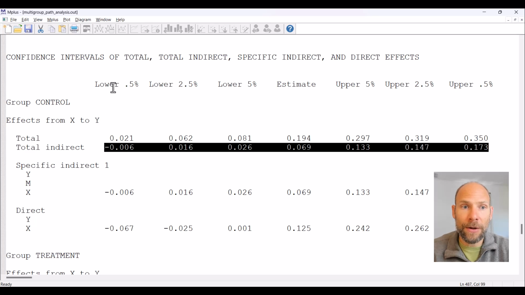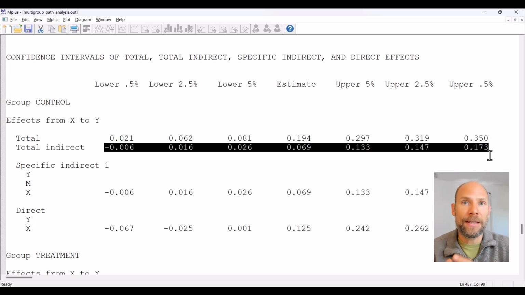So here under lower 0.5% and upper 0.5%, we find the limits of a 99% confidence interval. And you can see that that interval does include 0 and ranges from negative 0.006, which is below 0, to 0.173, which is above 0. So 0 is now included. And this means that the effect is not statistically significant at the 1% alpha level.